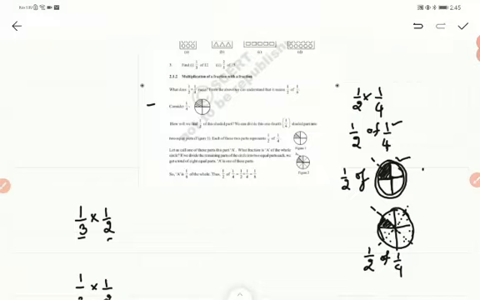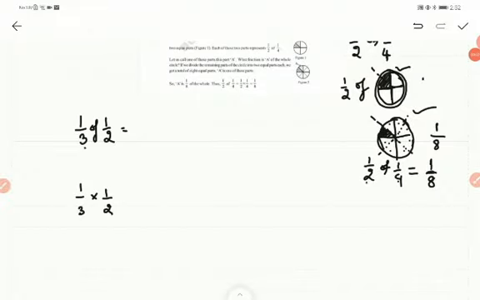So out of 8 portions, only one portion is shaded. So this is 1 by 8, isn't it? So 1 by 2 of 1 by 4 is nothing but 1 by 8, which is multiplication: if you multiply 4 into 2, you'll get 8. So 1 by 8. This is how you represent it.